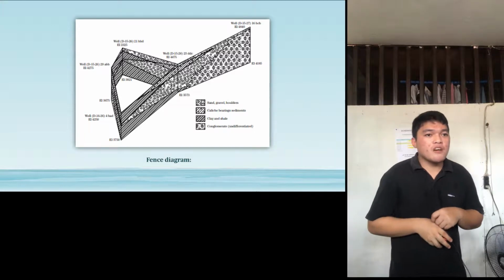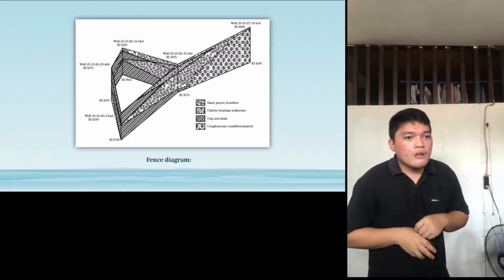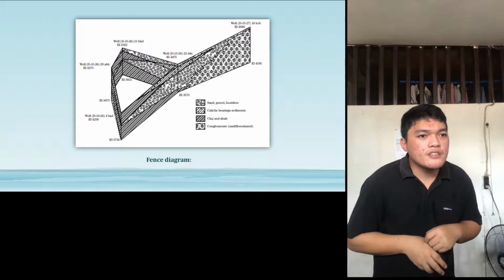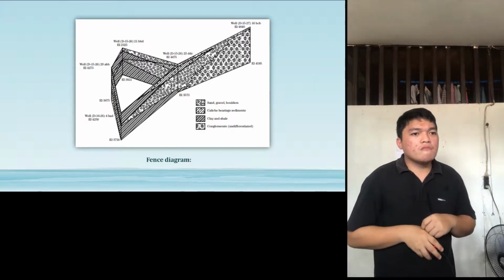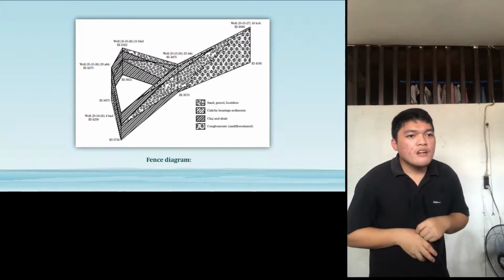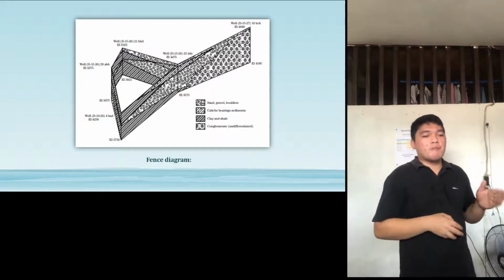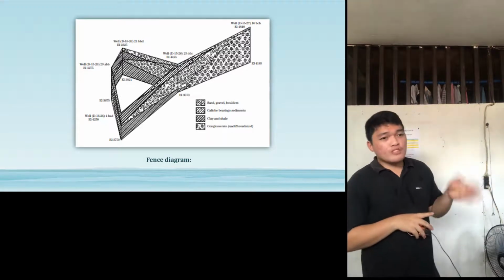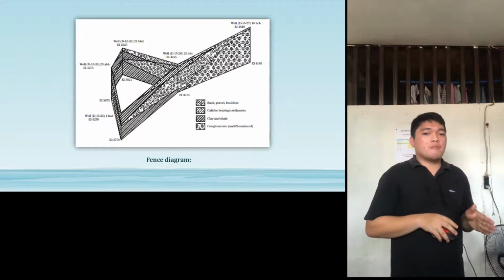So first, sand, gravel, boulders. Next, caliche bearing sediments. Next, clay. It shows the sections of the soil below.